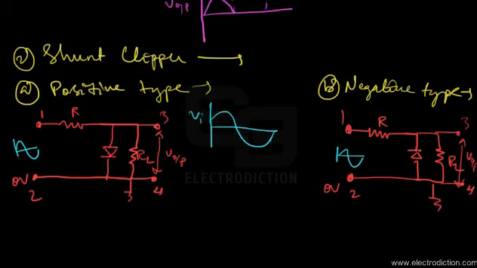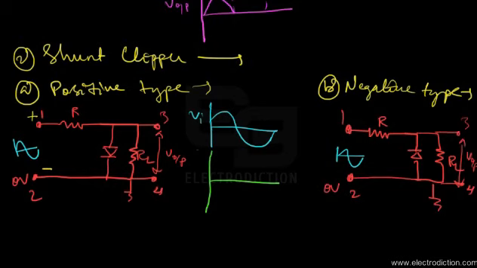So based on that, when the first half cycle arrives, in case of the positive type of shunt clipper, terminal 1 is at a positive potential compared to terminal 2.